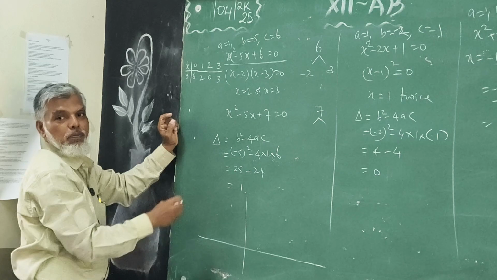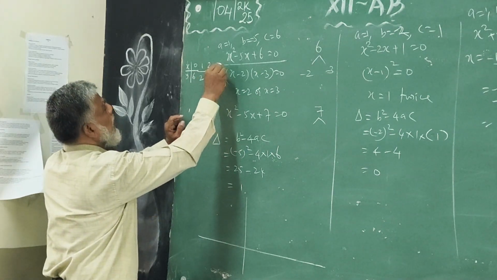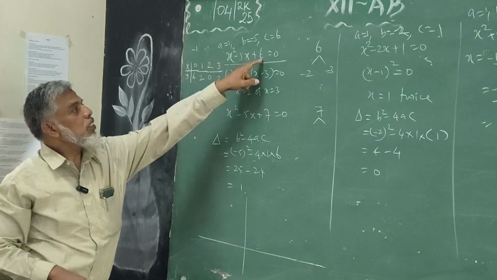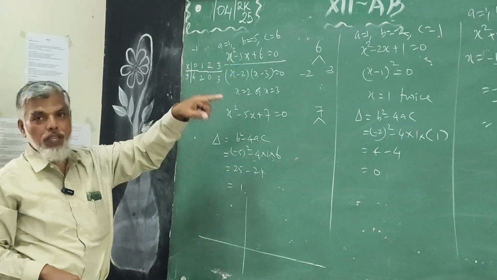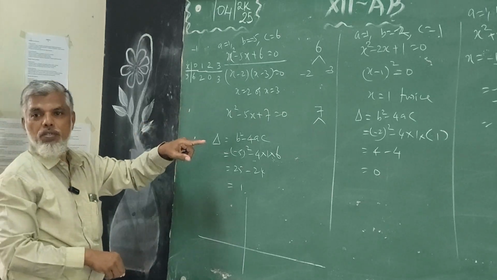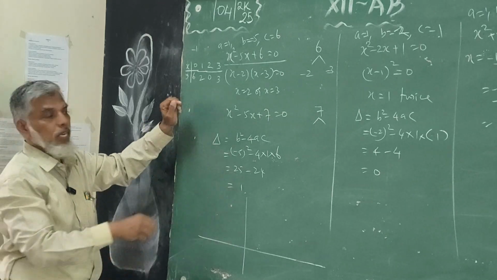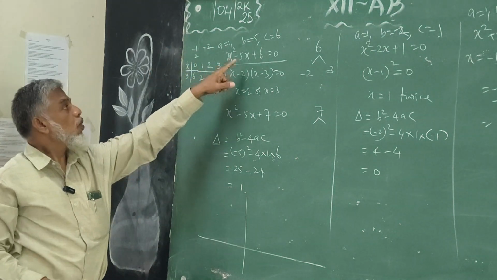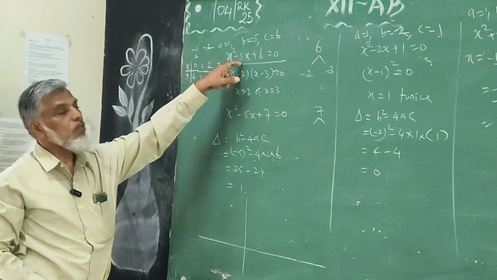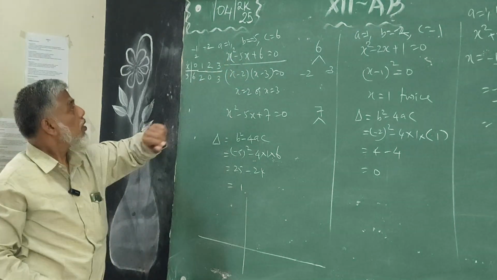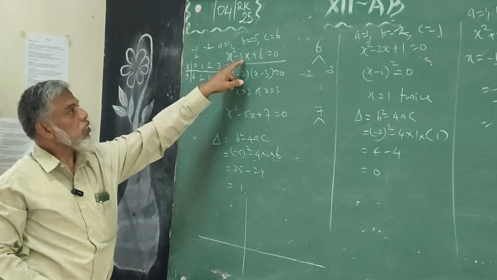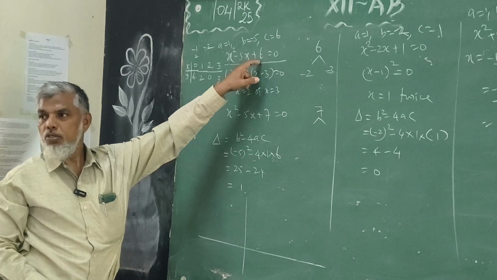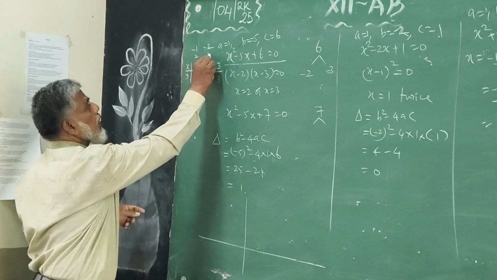Minus 1: 1 plus 6 is 7, 7 minus 5 is 2, correct? Minus 2: 4 plus 10 is 20, right? 20.